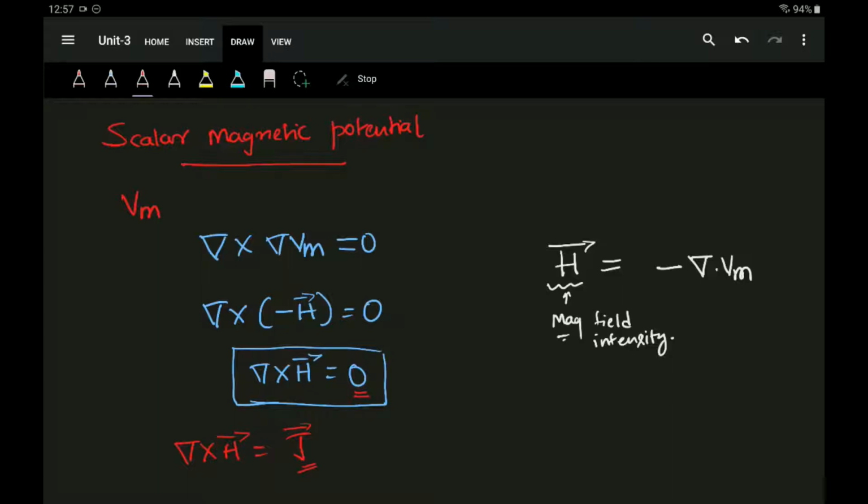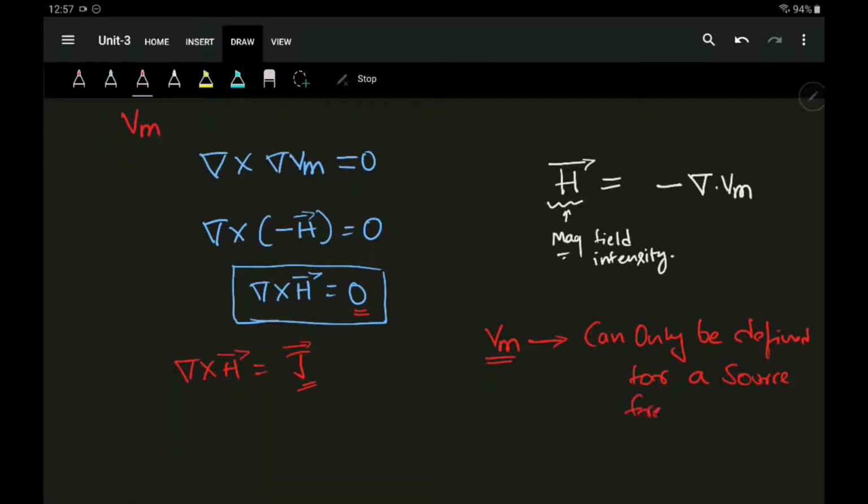Scalar magnetic potential Vm can only be defined for a source free region. Fine.